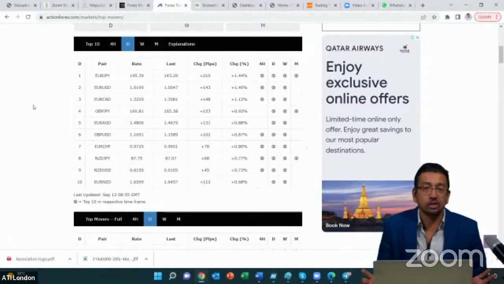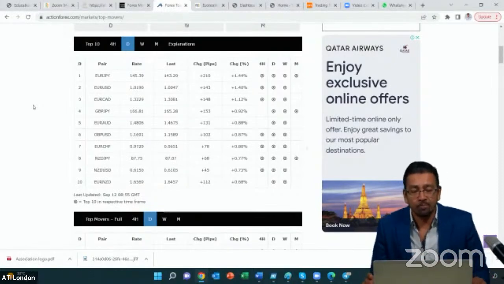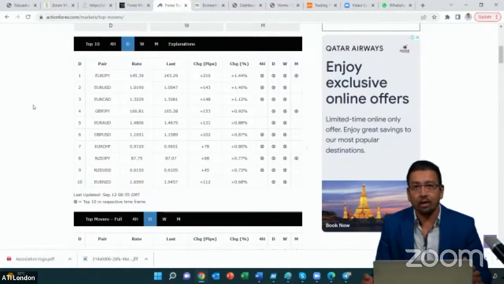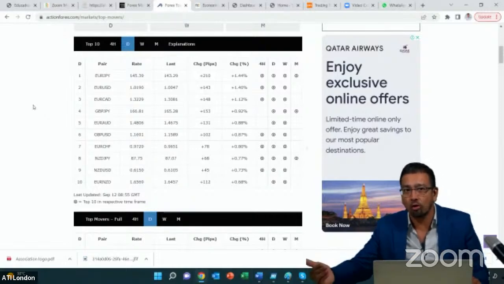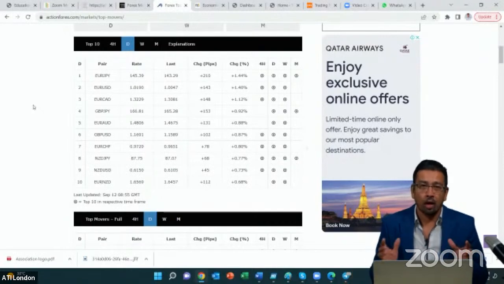As you can see, we've got the first one with 4 dots on the heat map. That's Euro JPY. So definitely it's one to pick for today to do further trend analysis on, then a technical analysis, and then to plan whether or not to enter the market on the Euro JPY. It's first on the list, and as we can see, we've talked a lot about the fundamental side of it.